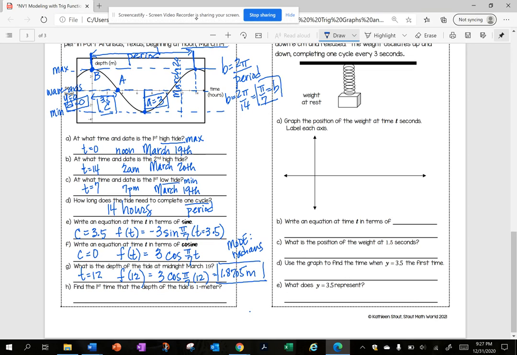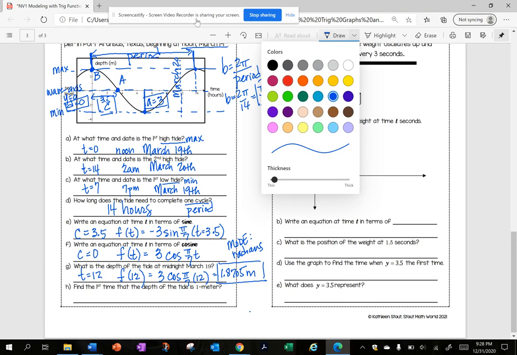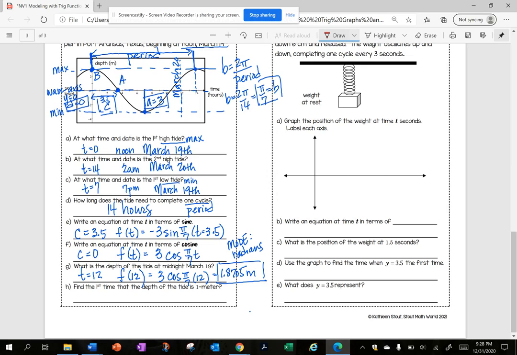And find the first time the depth of the tide is 1 meter. Where the depth of the tide is 1 meter is right here. It happens more than once, but this question asks for the first time. So I have 2 lines and I'm going to find the intersection.